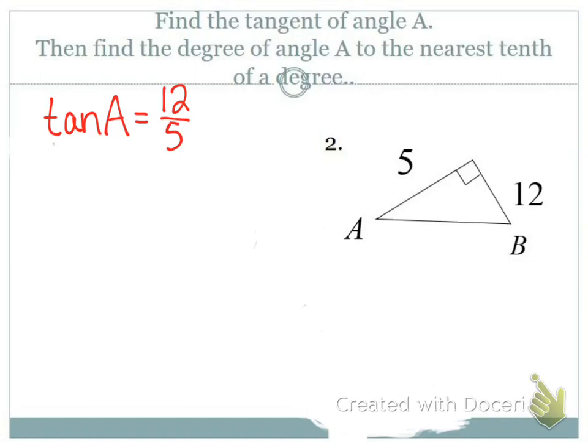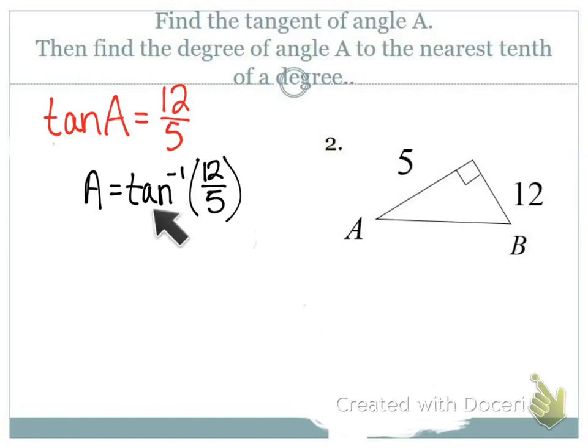All right, then in order to find the measure of angle A, we have to use the inverse tangent on both sides. So the measure of angle A is going to equal inverse tangent of 12 over 5. That's what we're going to put in our calculator to find the measure of angle A.